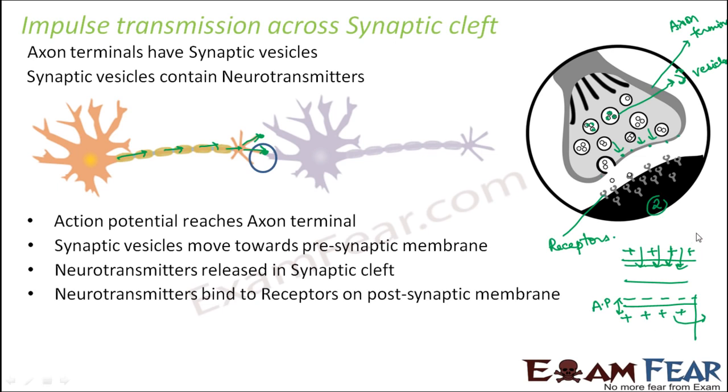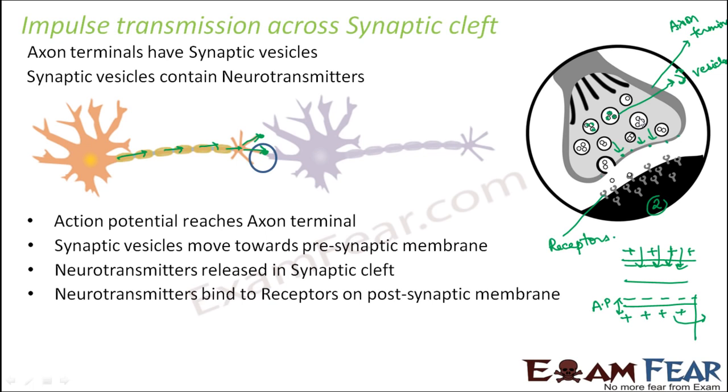So now you are trying to understand how the synaptic cleft is crossed. The synaptic cleft is crossed with the help of chemicals called neurotransmitters, which are present inside the synaptic vesicles. These synaptic vesicles which you see here are sac-like or vessel-like structures that store chemicals.